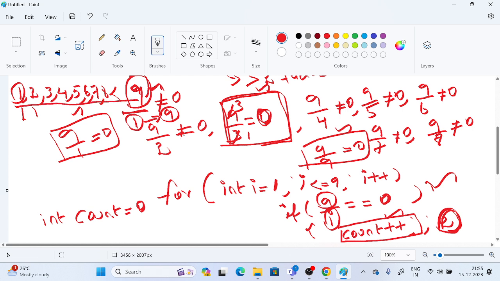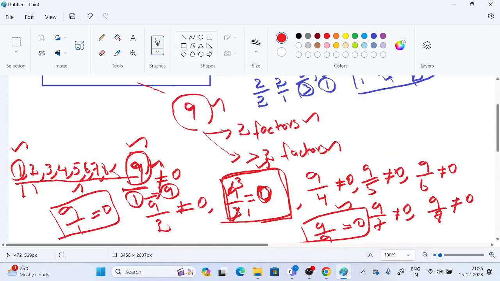If the if condition executes exactly 2 times, the count is going to be 2. If the count value is 2, then it is a prime number. If the count value is more than 2, like 3 or 4, it is not a prime number.